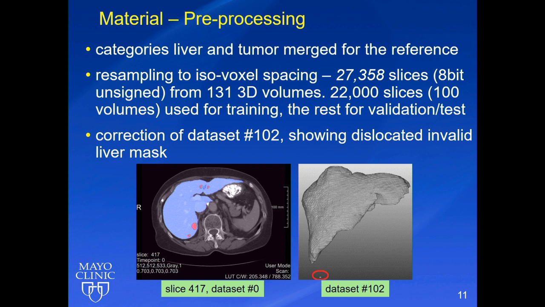I only had to correct one dataset, the volume 102, because I was a bit suspicious about the liver region below there. So that part was removed. The volume itself wouldn't make any difference, but if you have a segmentation approach that incorporates the region of interest as a starting position, this would totally disrupt this test dataset.